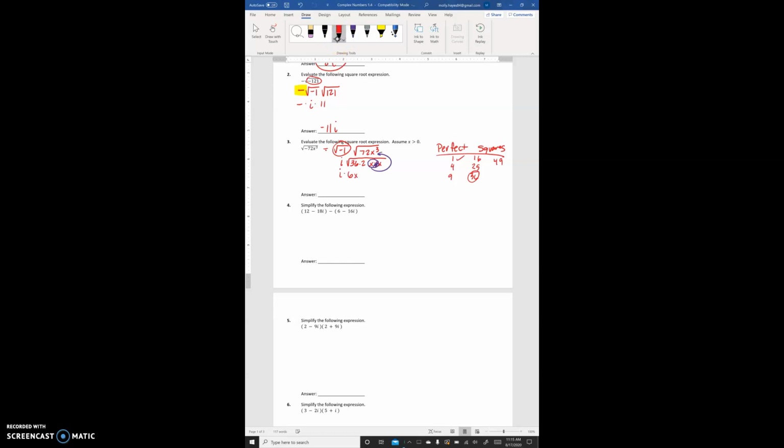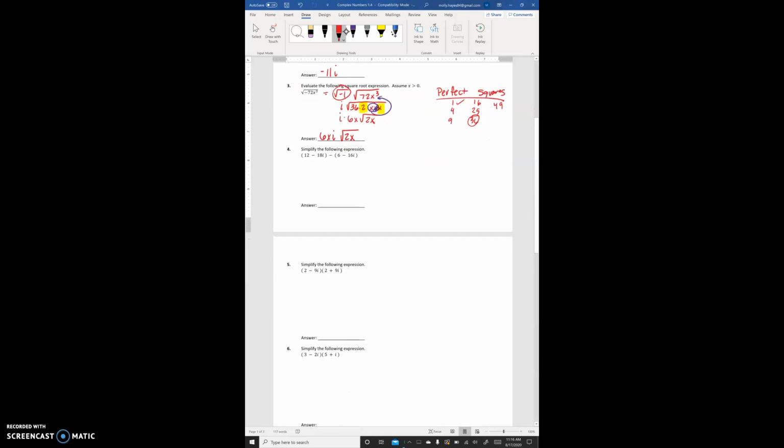So I've got an x on the outside. Remaining on the inside, I have this 2 and this x. Okay, so my answer is i times 6x square root of 2x. And we can write that as 6xi square root of 2x.